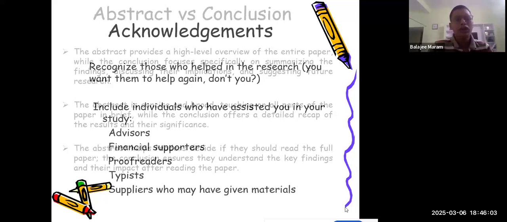So when we take help from others, we need to give our thanks to such contributors. So we need to include all those persons under acknowledgement. Okay? Under acknowledgement, you can write such type of supporters or advisors or financial supporters, proofreaders, or others who help your research work. Definitely, you need to give some thanks to them.